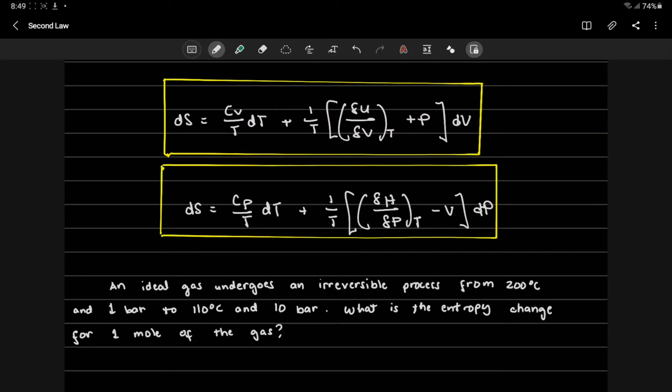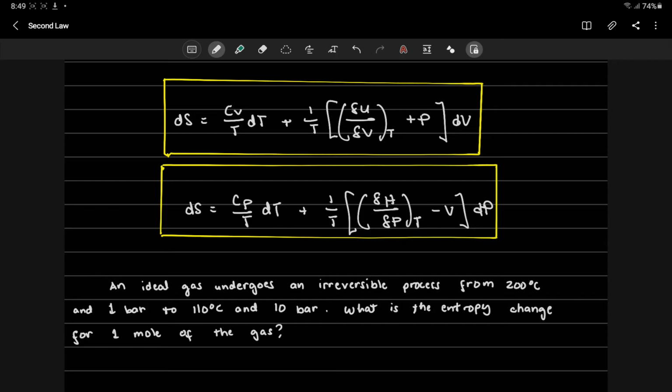In the previous video lecture, we developed two general equations for calculating changes in entropy. And pinapakita ko sa inyo ngayon yung dalawang general equation na yon, which can be used for any kind of process and for any kind of gas, whether perfect gas or hindi.